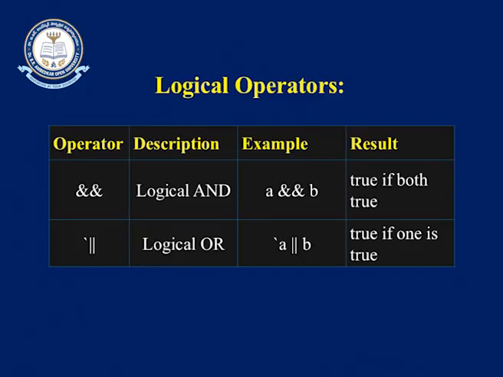The next type of operators are logical operators. We have two logical operators here: logical and, and logical or. Basically these operators are applied on statements or truth values.